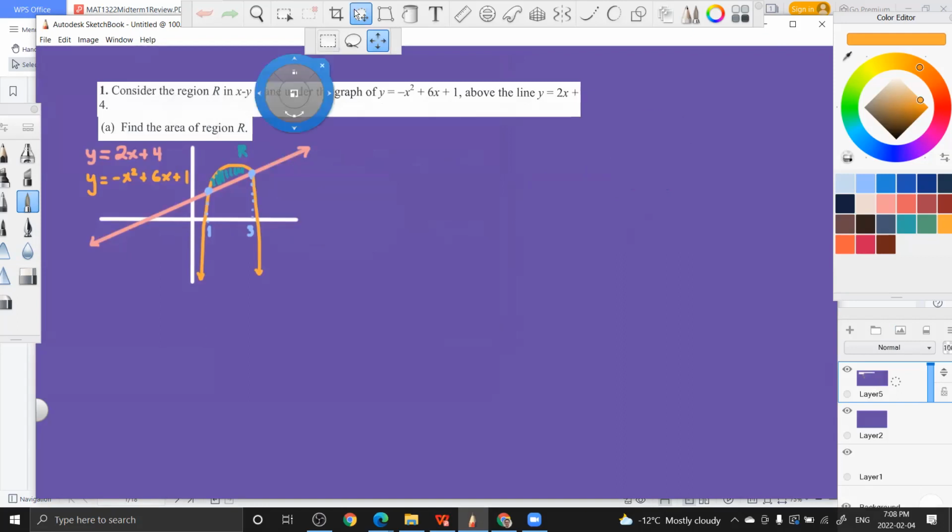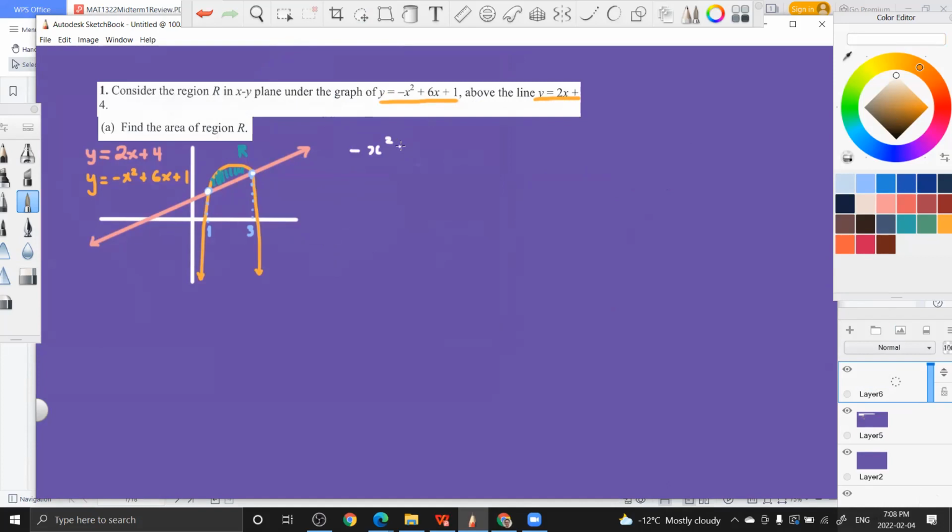So as you can see, if we put the graphs together, like this graph and this one, then this is what you should have. And the first step is we need to find the intersections. So we need to find where the graphs are intersecting, and that's pretty easy. So you just set both functions equal to each other.